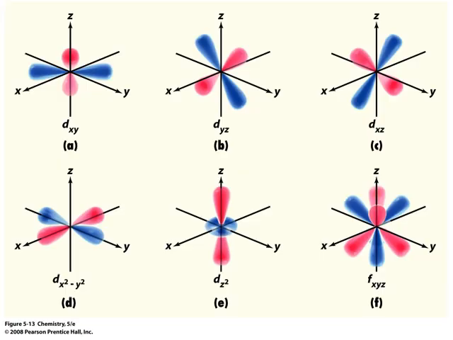Next. So the d's, that's not one of the d's, that's an f. So the d's look like this. These are between the x and y axis, the y and the z axis, and the x and the z axis. And then there's one that goes straight up and down the z axis. And then there's another one that goes right on the x-y axis. But the main point here is there are 5, which is 2 more than we had for p's, which was 3.